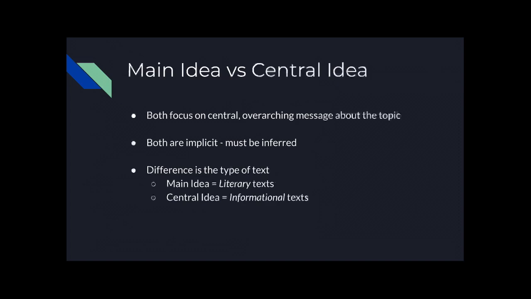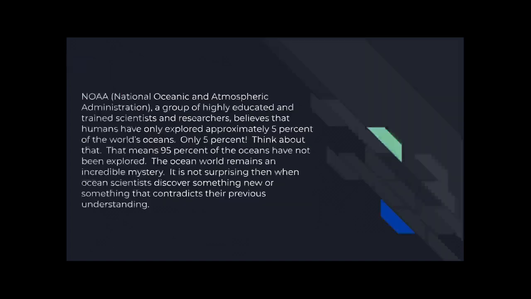Where the difference lies is in the type of text. Typically, we're going to find a main idea within literary texts, whereas the central idea will be in an informational text.